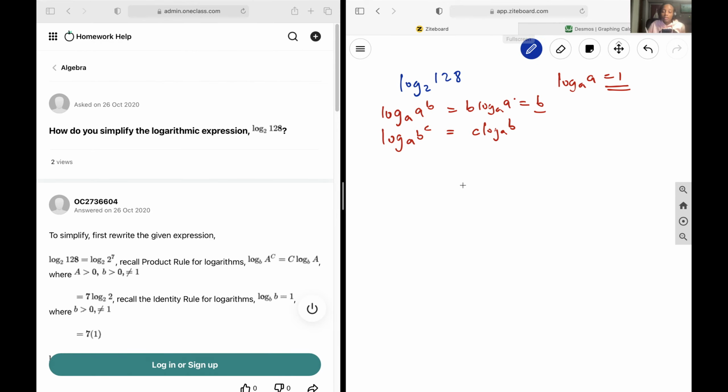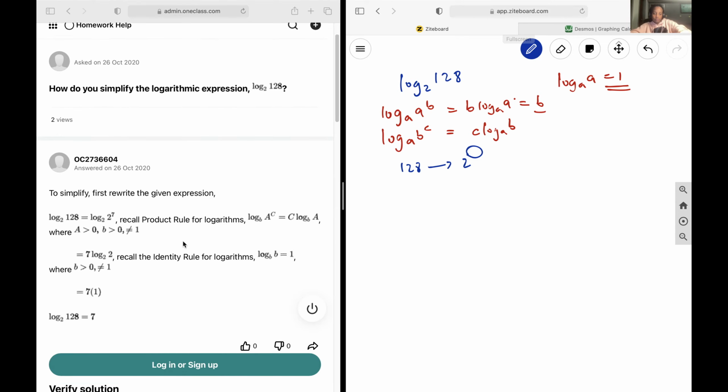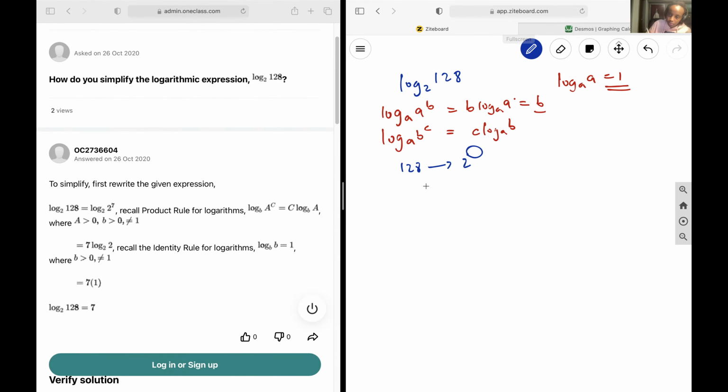So what they're basically asking us to do if you want to get a number as an answer is express 128 in the form of 2 to the power of something, and you want to find out what that something is. And so we know that 128 is 2 to the power of 7. You can just figure that out by doing the numbers or using a calculator.